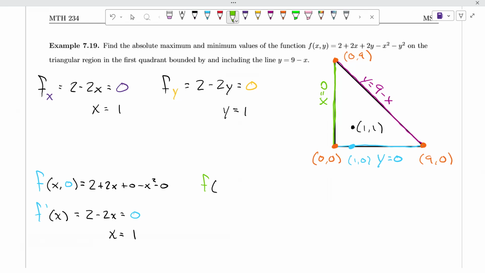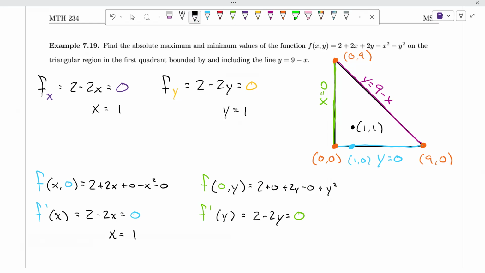This is f of 0, y. Since that green line is x equals 0, and it looks like it's the equation 2 plus 0 plus 2y minus 0 plus y squared. So a derivative of that will look like f prime of y is equal to 2 minus 2y equals 0.